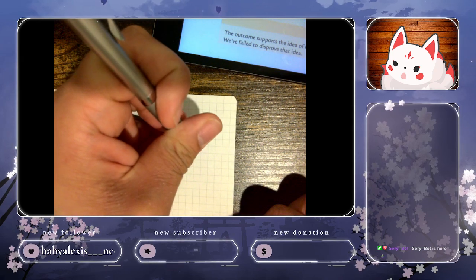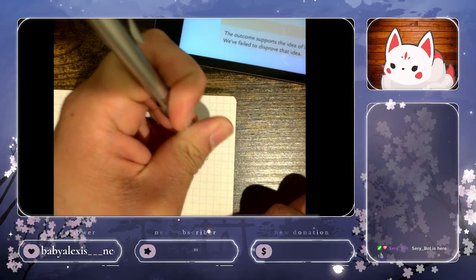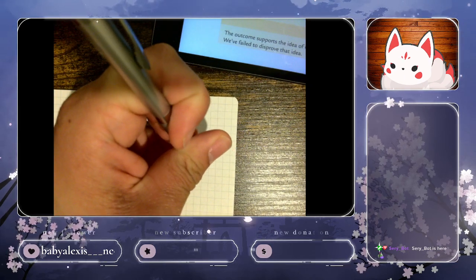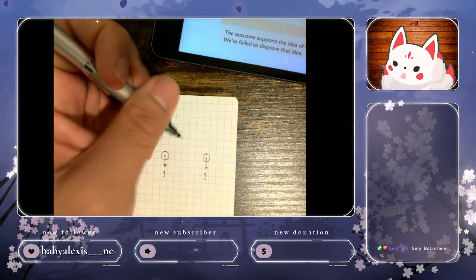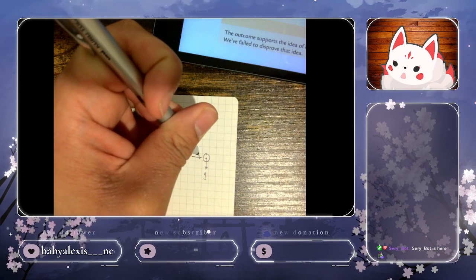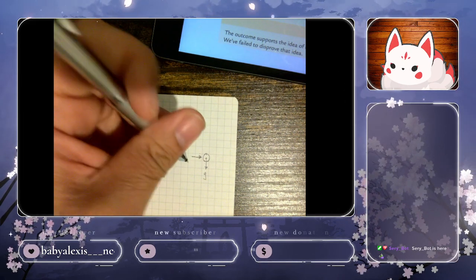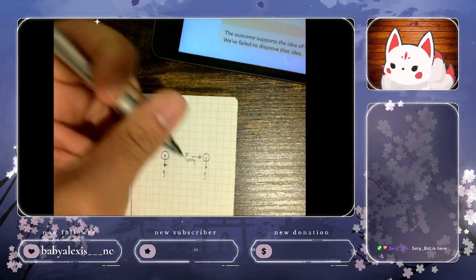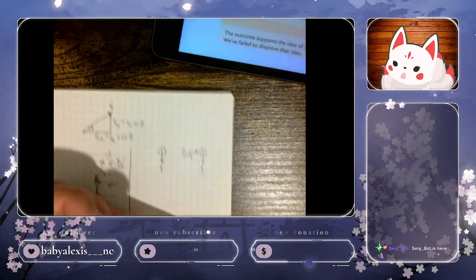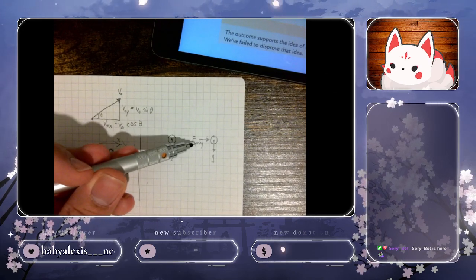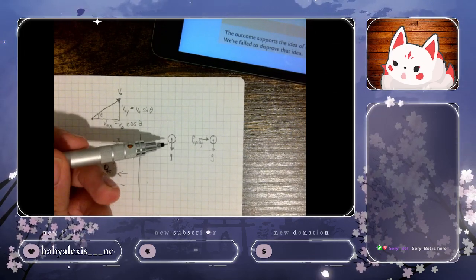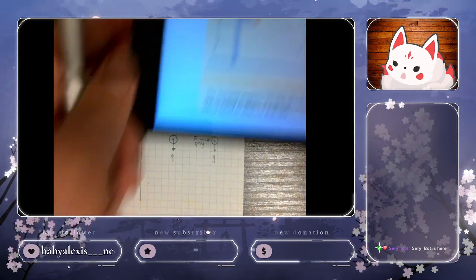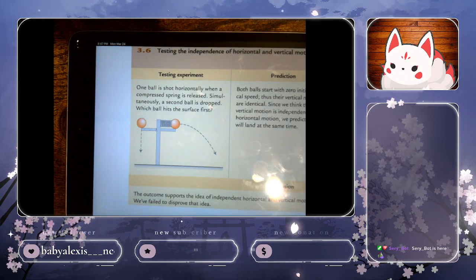The other ball is basically identical. Gravity is still affecting it. However, we have another force acting completely in the x direction, which is the force caused by the spring. So in the x we have a spring force in this one, nothing affecting the other one, and gravity affecting both of them. Basically, you're going to see which one lands first.